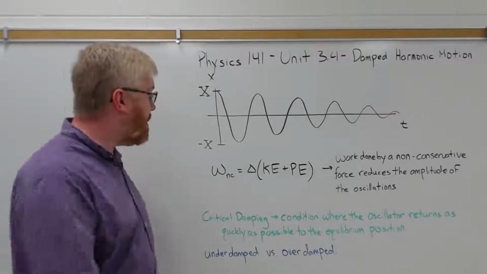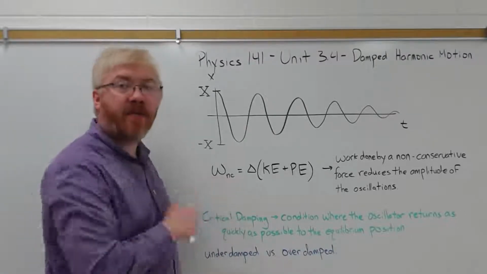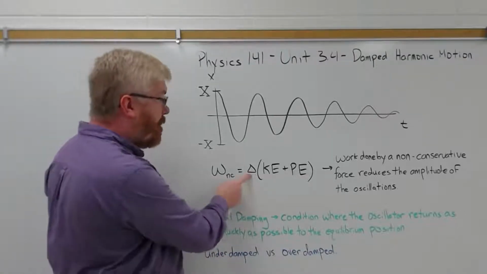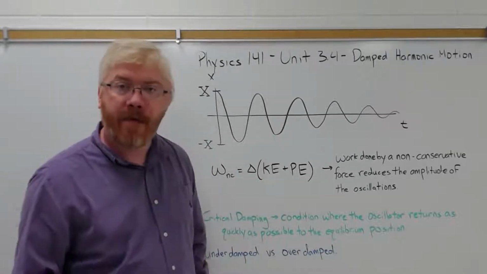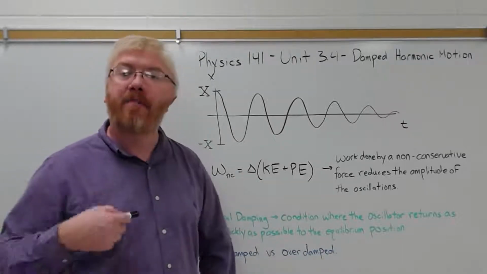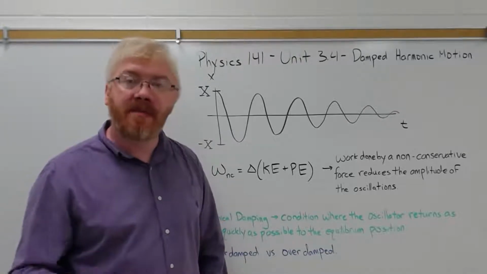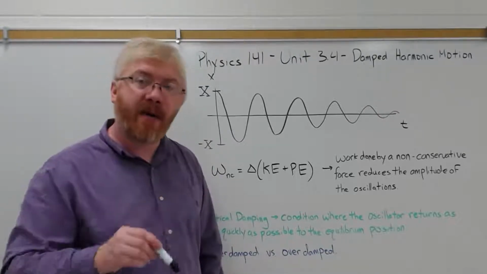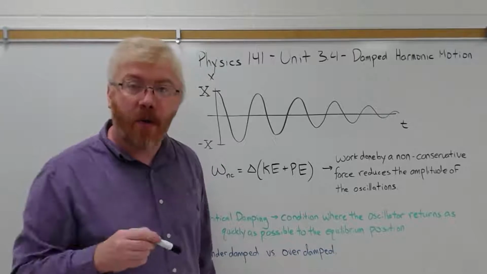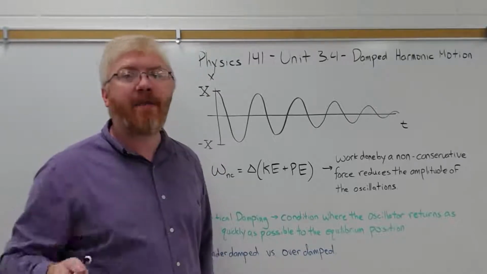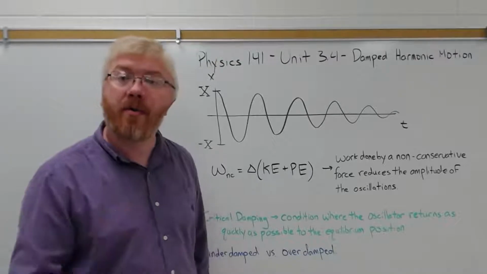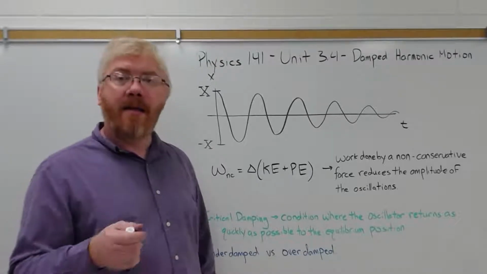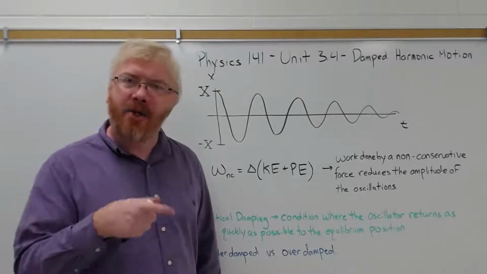So what happens is work is being done by a non-conservative force that changes the total kinetic energy and potential energy. We talked in the last video how the maximum energy of the system was equal to 1/2 the spring constant times the amplitude squared. But if you sap energy from the system into thermal energy, like through friction or through air resistance, then the total energy has to change.